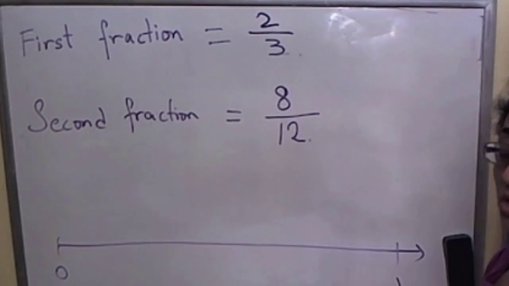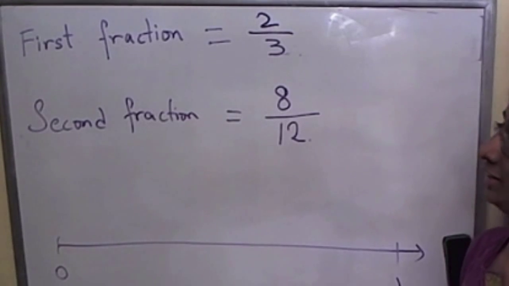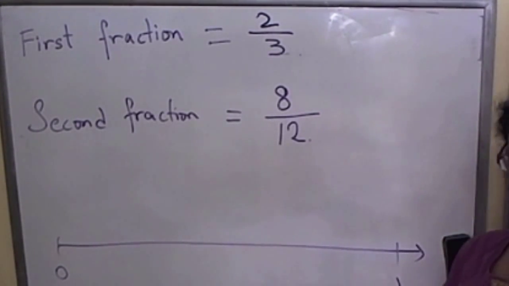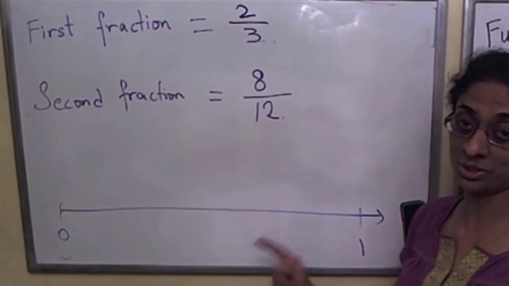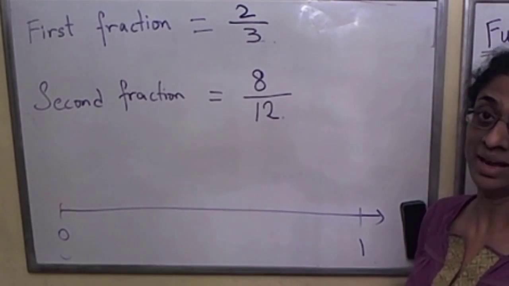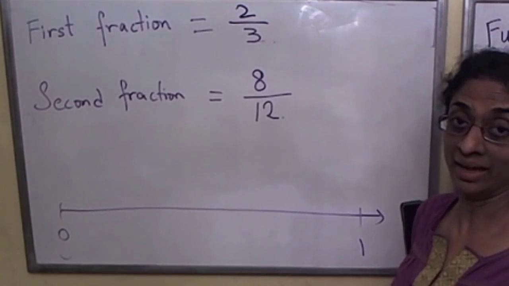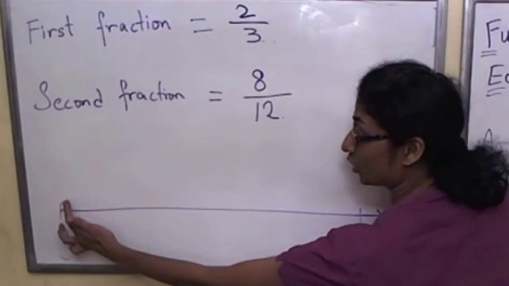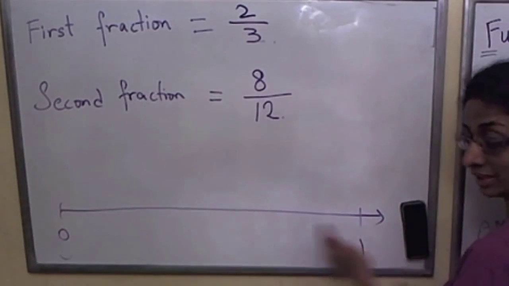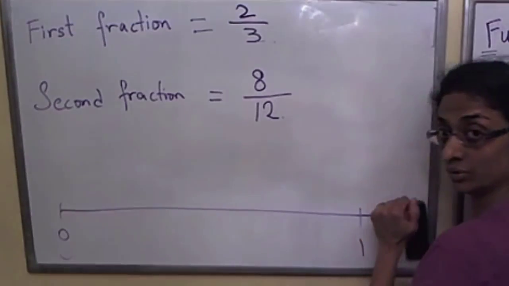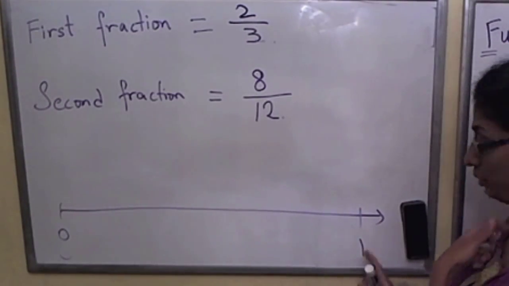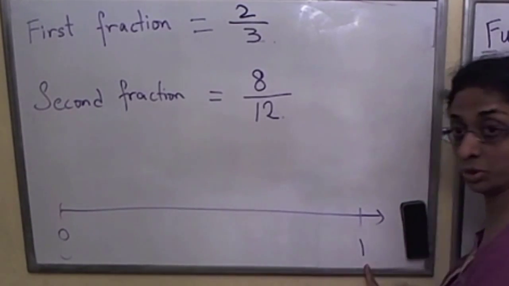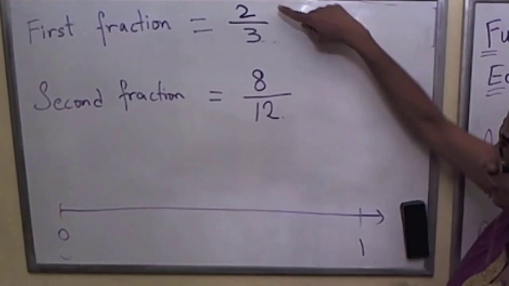Now I'm curious to know what happens if we were to locate both these fractions on the number line. So I want you to do that activity on graph paper, and remember when you draw a horizontal line and mark off a point as 0, you want to think carefully about where you want to put your 1, how many spaces later. Look at these fractions.